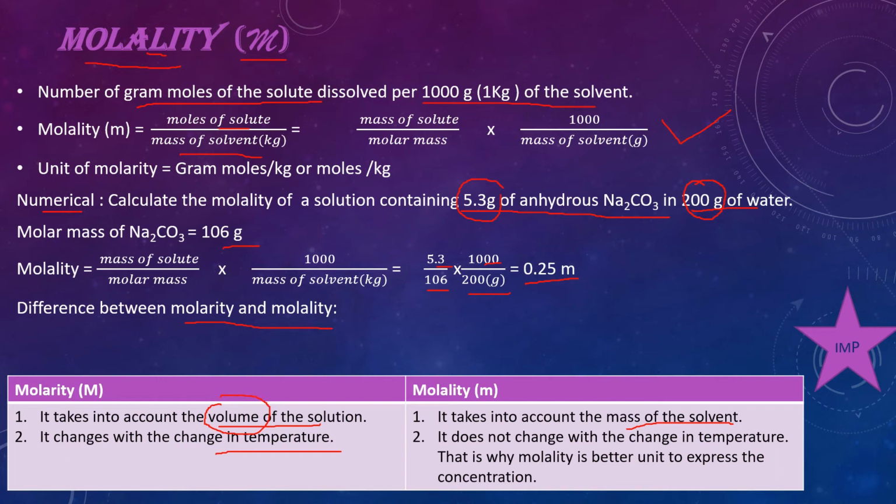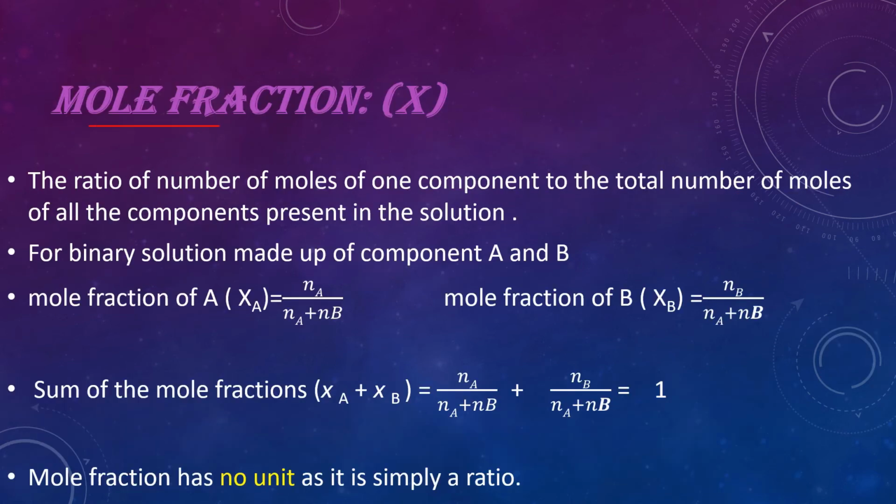Now molality does not change with temperature as it considers the mass of the solute and the mass of the solvent, and mass never changes with temperature. Now that is why molality is better way to represent the concentration of the solution as it never changes with change in temperature.